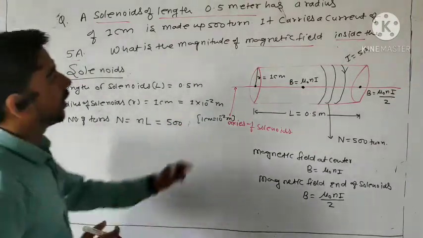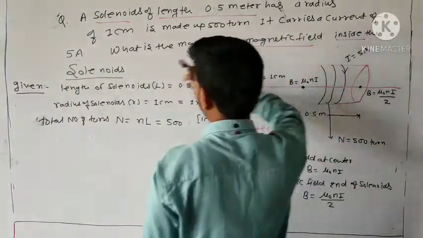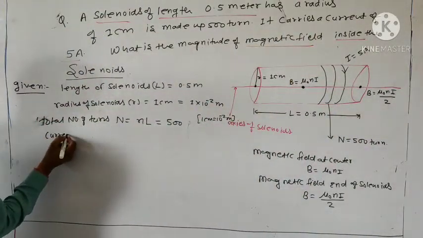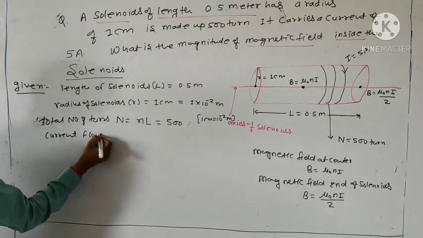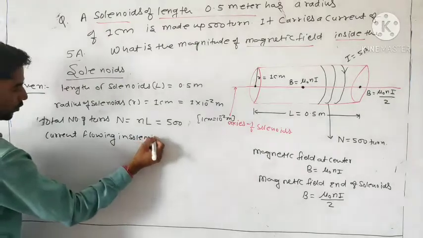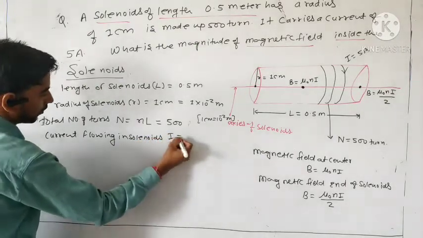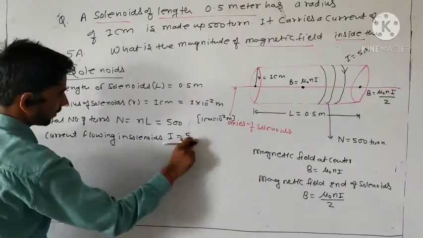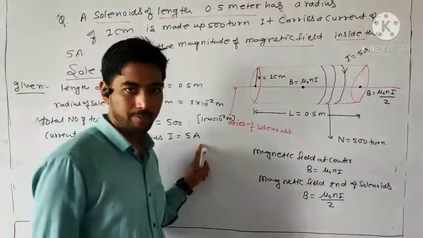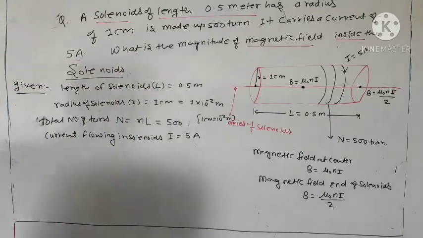And again, it carries a current of 5 ampere. Then we can say the current flowing in the solenoid I is equal to 5 ampere. The SI unit of current is ampere, no need to write. So this is also an SI unit.